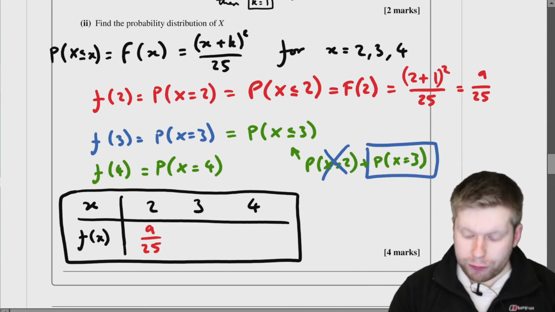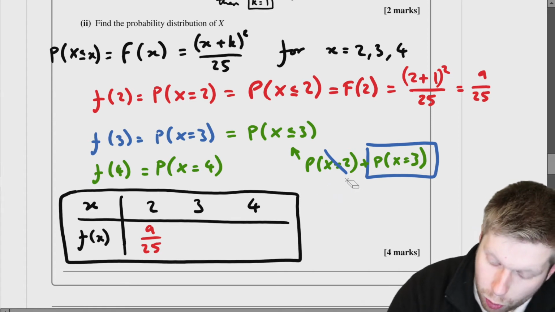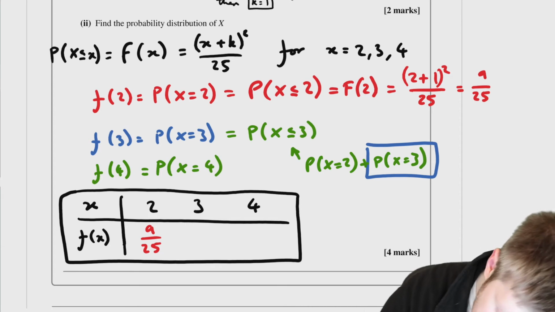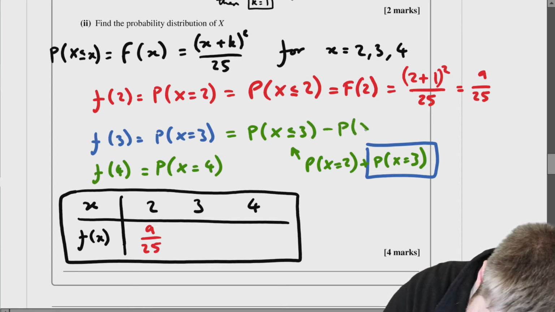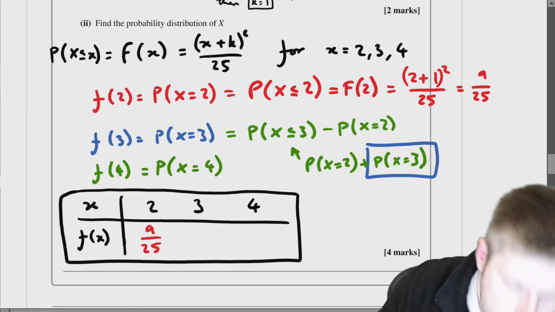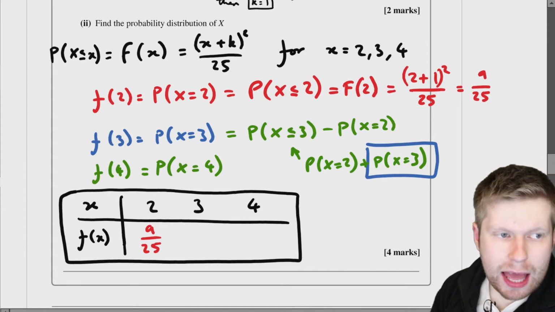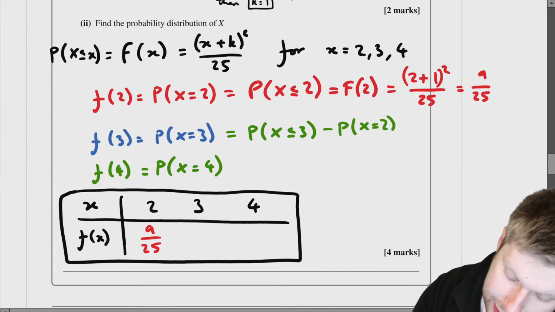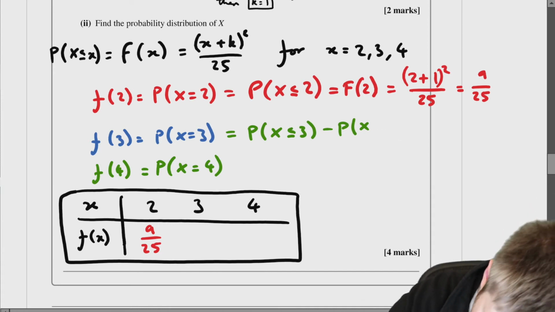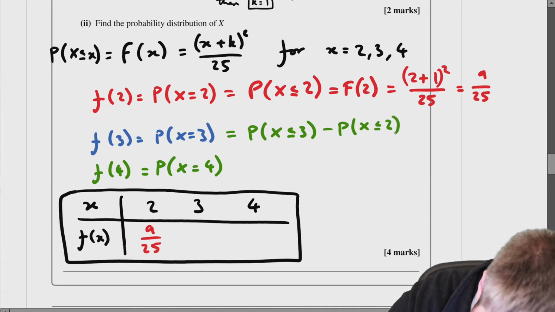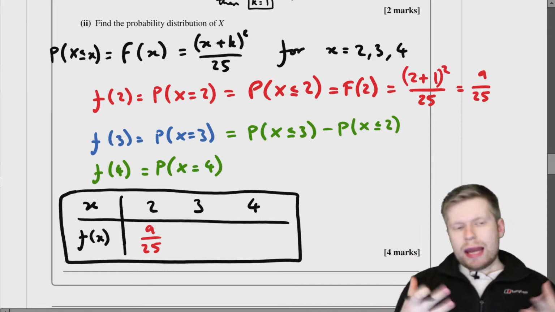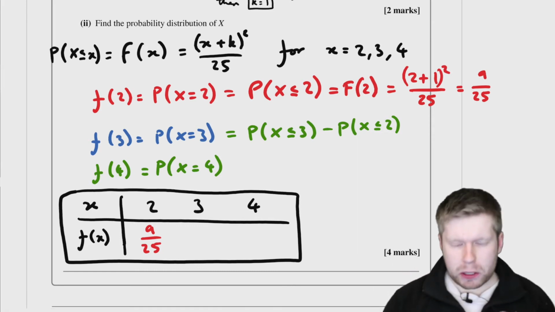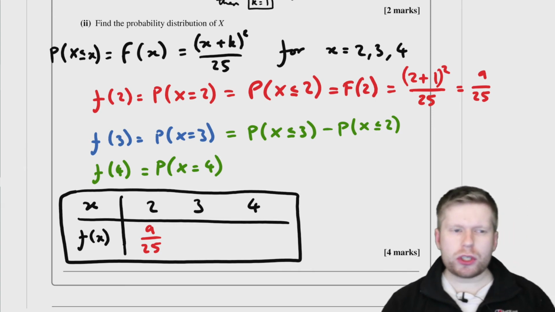So if I take away the thing which I don't want from the probability that x is less than or equal to 3, in which case I need to take away the probability that x is equal to 2, then I'll just be left with the thing which I do want. Actually, to make it a little bit clearer, I could write this as the probability that x is less than or equal to 2. So really, I'm getting to the essence of how to get the probability mass function from the cumulative distribution function.